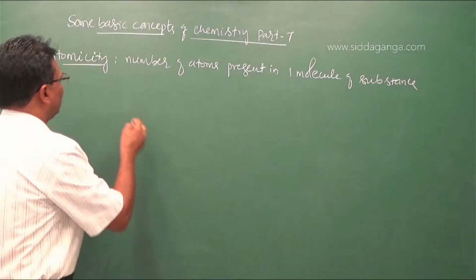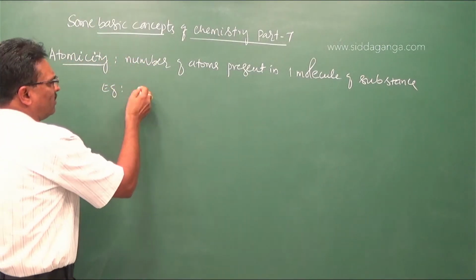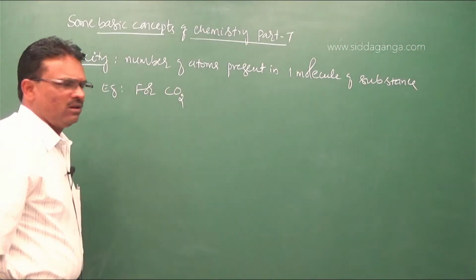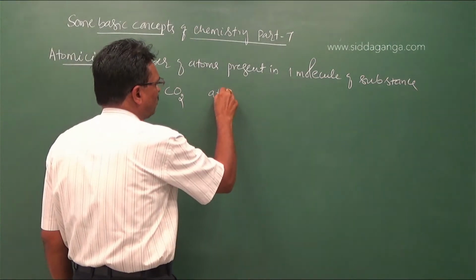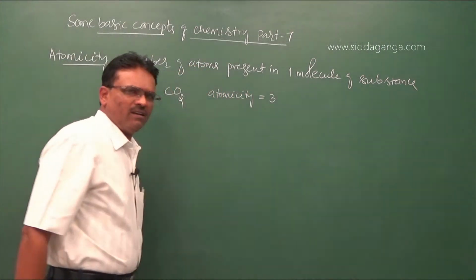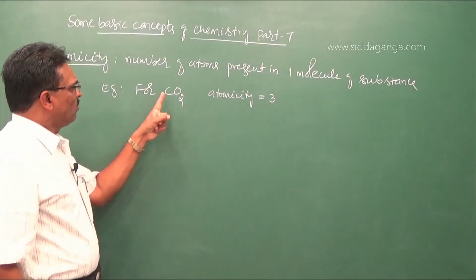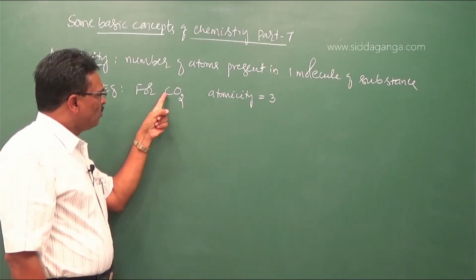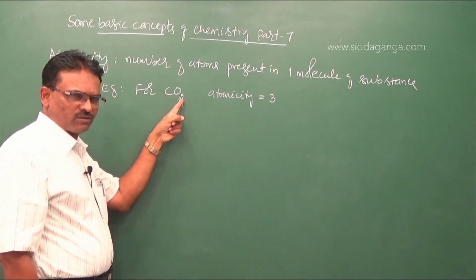Suppose if we take carbon dioxide, so for CO2, atomicity is 3, because we know that one molecule of carbon dioxide contains one carbon atom and two oxygen atoms.